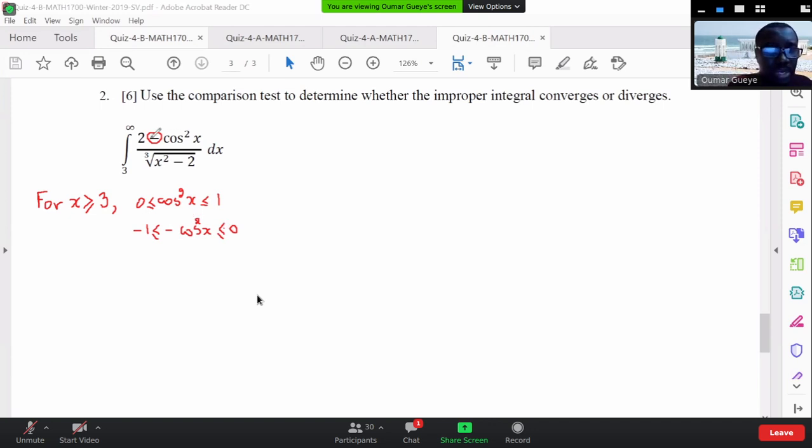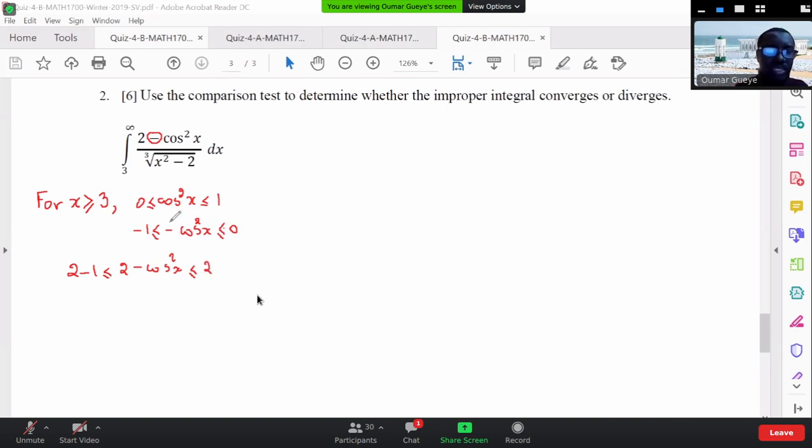And now to get my numerator here, I'm going to add 2. So I'll get now 2 minus 1 less than 2 minus cosine square of x less than 0 plus 2, going to be 2.